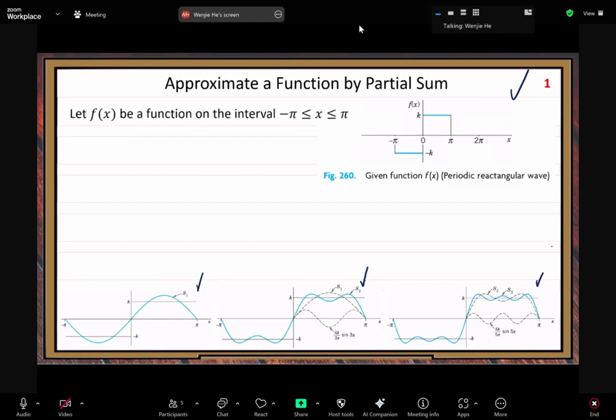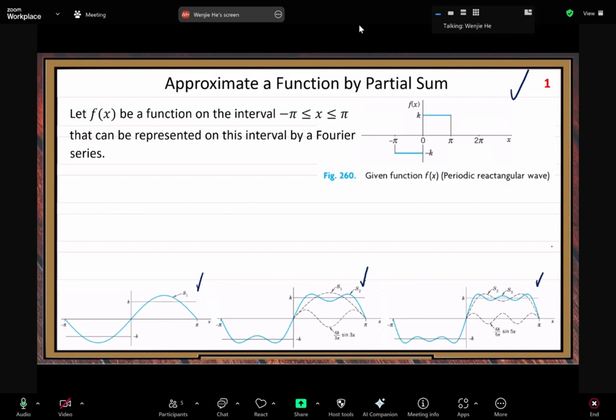So here, we studied approximation, so we need to select our function first. f(x) on the interval from negative pi to pi, that can be represented on this interval by a Fourier series. With this assumption, the first thing is, what is the error? How do you define error?